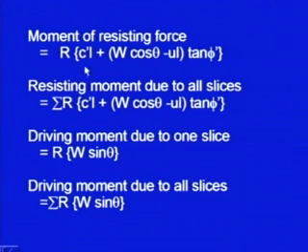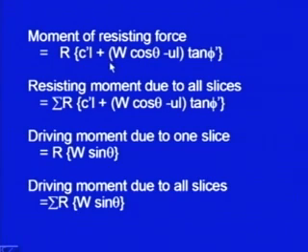Now, you can find out the moment of the resisting force. This force is resisting force, c dash L plus W cos theta minus U, L into tan phi dash. This force will be acting for every slice. We can calculate this force, it will depend on theta, and then you can find out the moment.